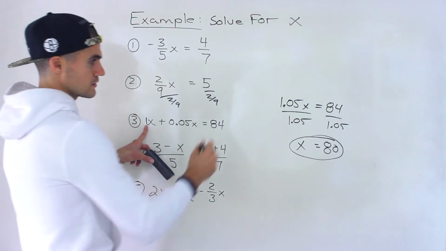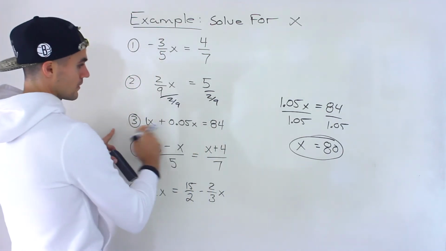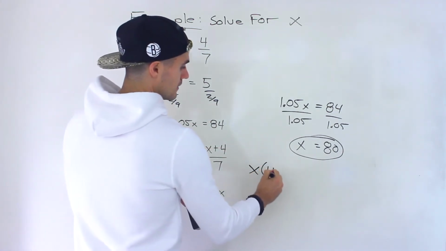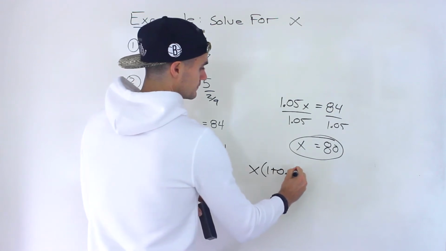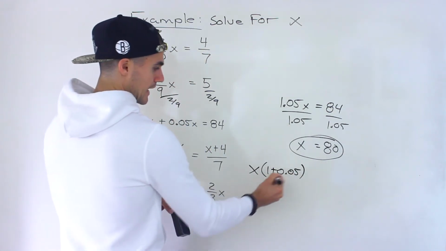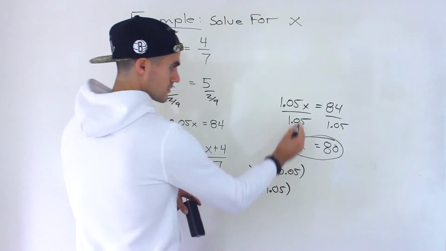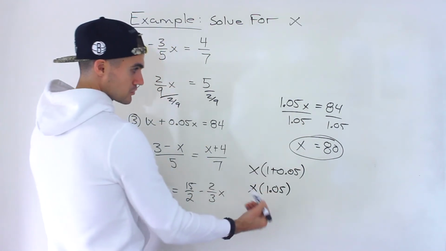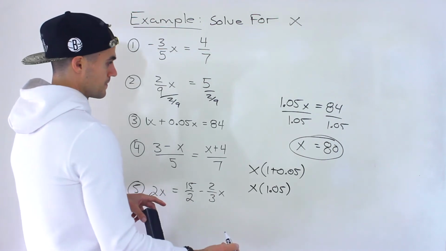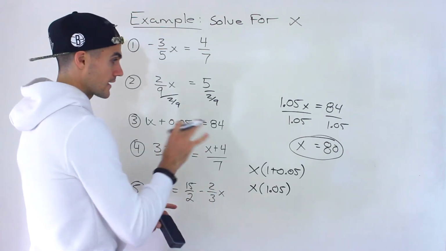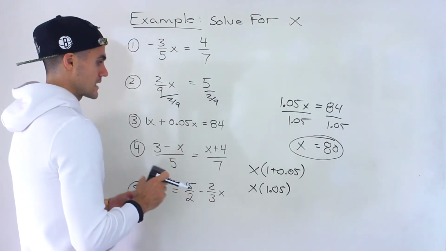Another way you could have got to here is you could factor out the x, and then you could add these, and you end up with that 1.05x, like that, and then divide both sides by 1.05. Whichever way you do it, x ends up being 80 in this case.